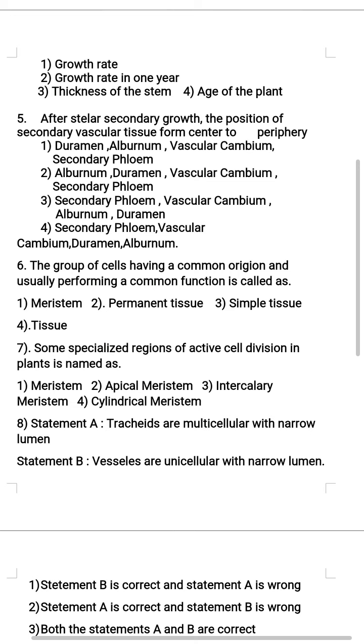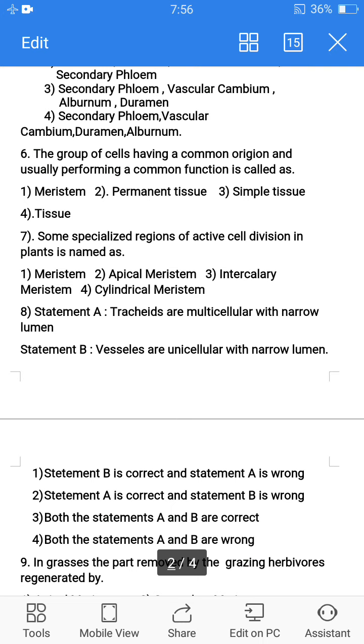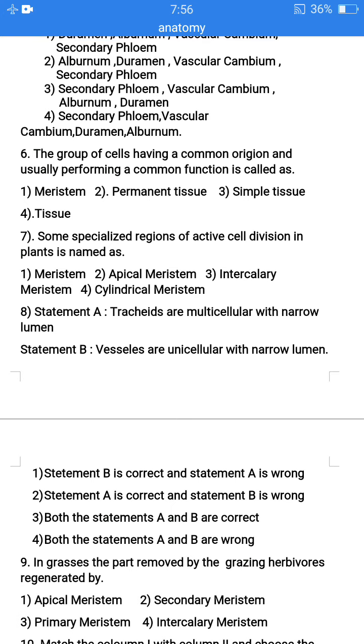Students, now let's move to the next question, sixth question. The group of cells having a common origin and usually performing a common function is called as. Let's see options once again. First option, meristem.